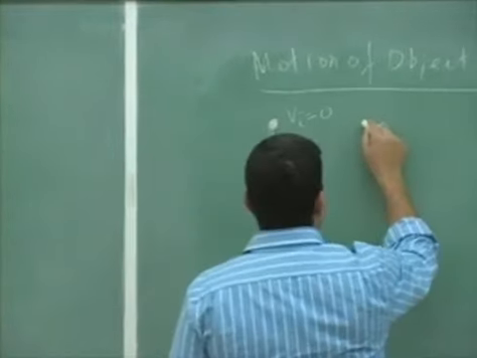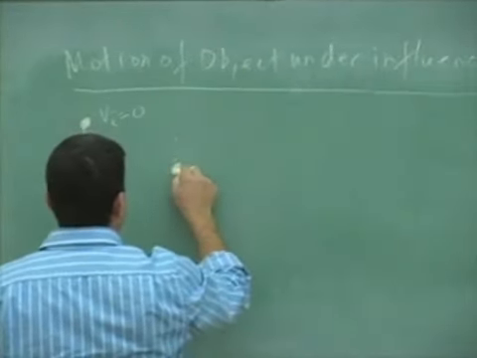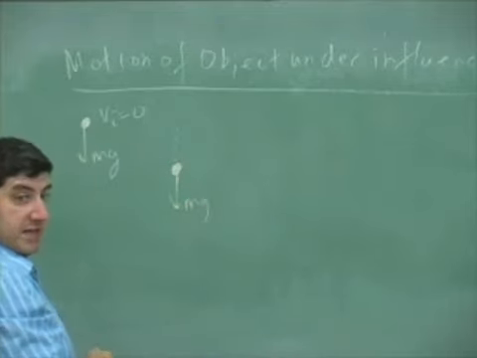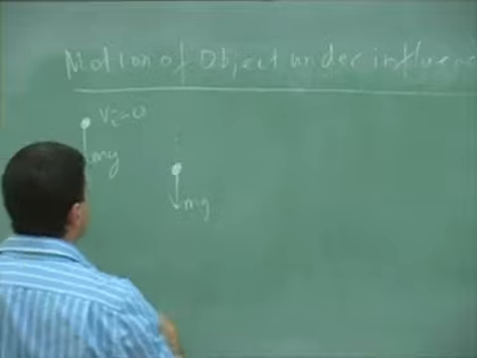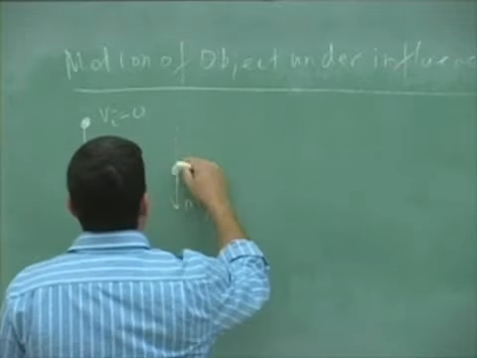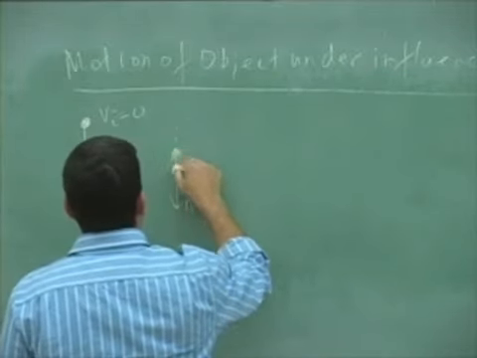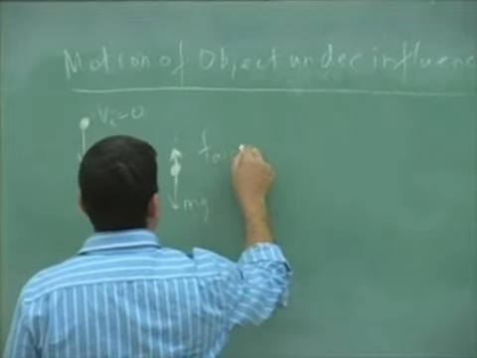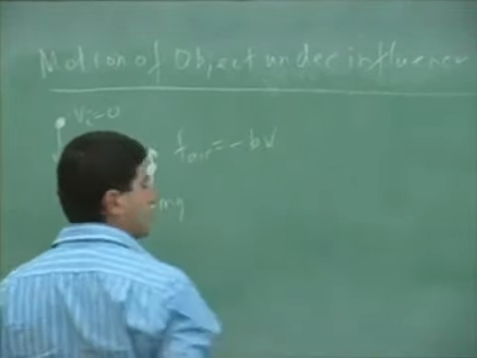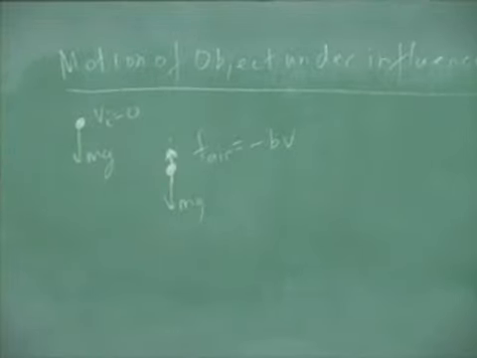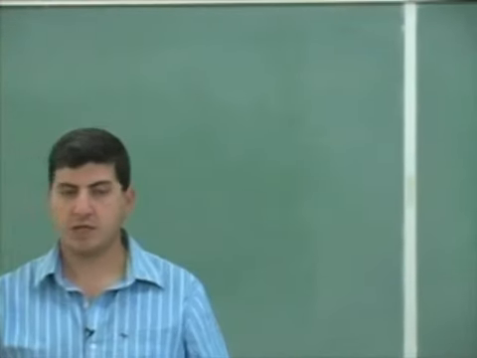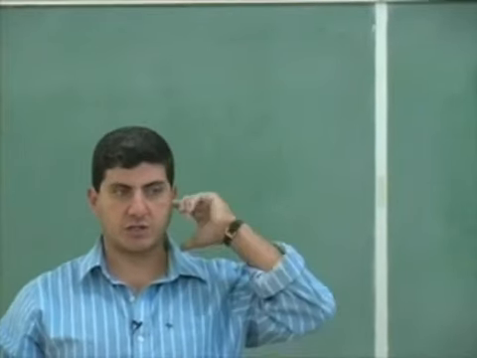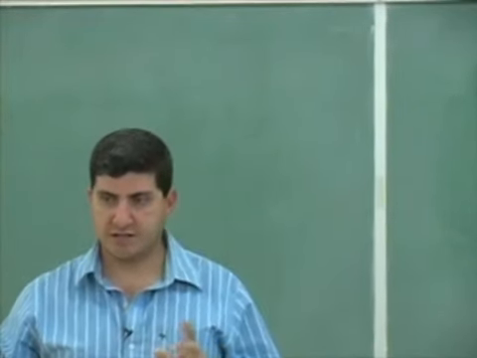By the time it falls a certain distance, it achieves a certain velocity already, and the air friction is now resisting it. The air friction is equal to negative bv. b is the coefficient of air friction. v is the velocity that the object is going at. So the air friction is linearly proportional to velocity.